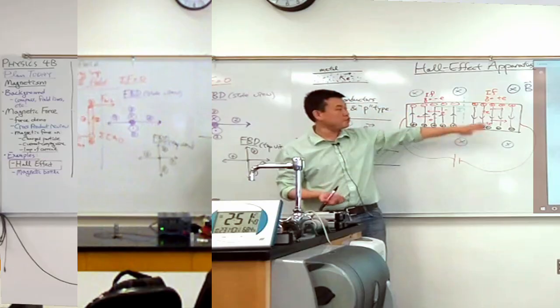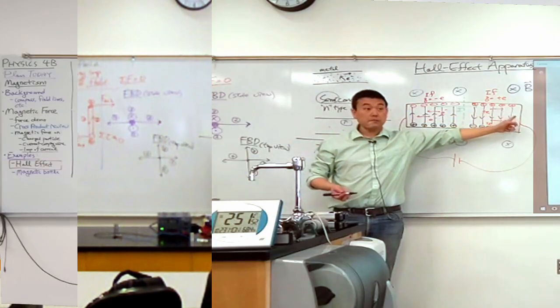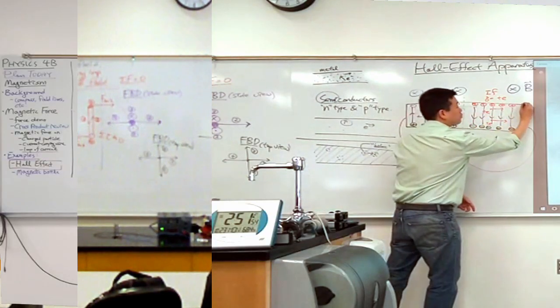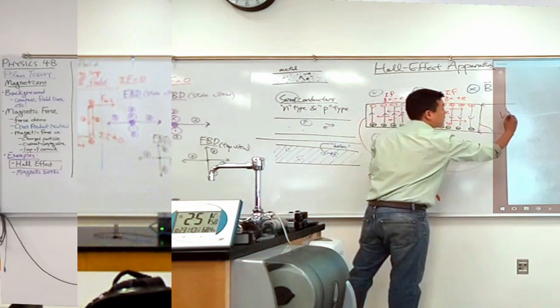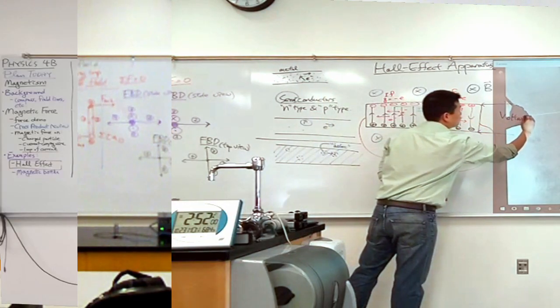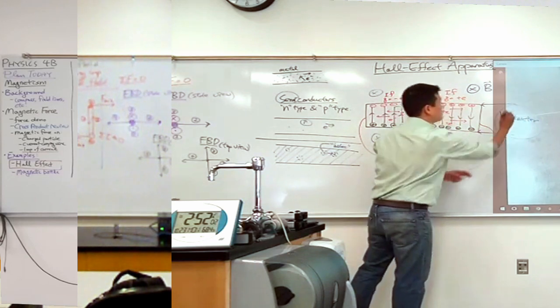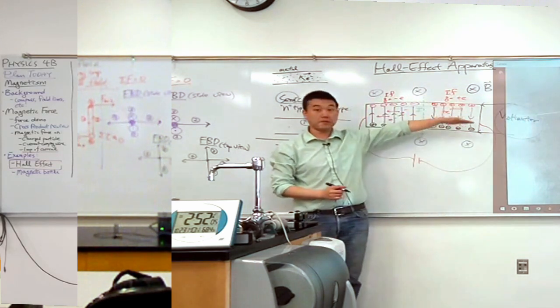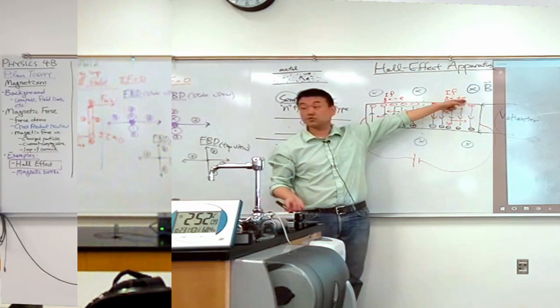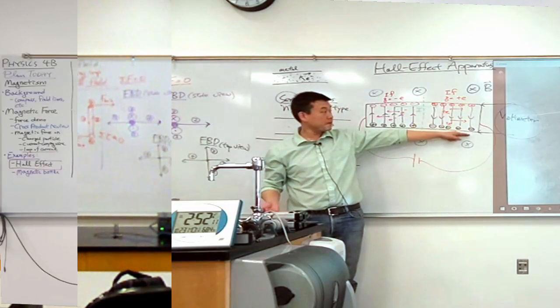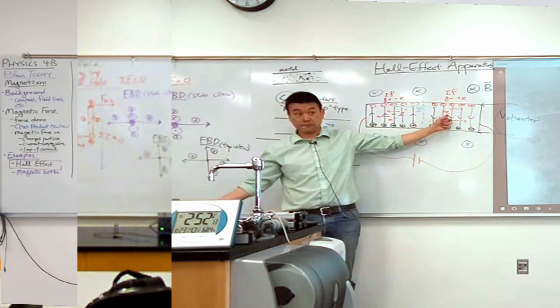Which means, experimentally, you cannot measure this field directly, but what you can do is hook up a voltmeter to the top and bottom surface here, hooked up to both ends, and read the voltage difference between the top and the bottom. Then, if you read that the voltage on the top is greater than the voltage on the bottom, your charge carrier must have been positive.